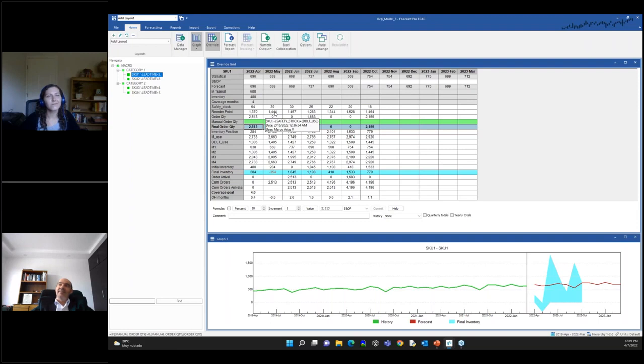It says safety stock plus demand during lead time use. But now demand during lead time use would be here. And of course, it's a different value than the one we used here. But it's very smart. As you can see here, demand during lead time here, and the lead time is 2. Okay, so we're using this number.